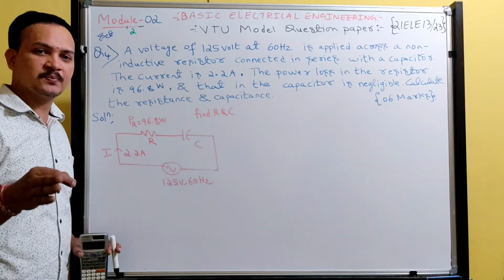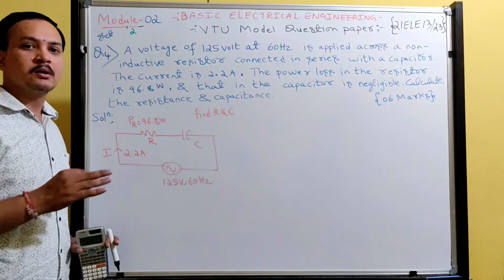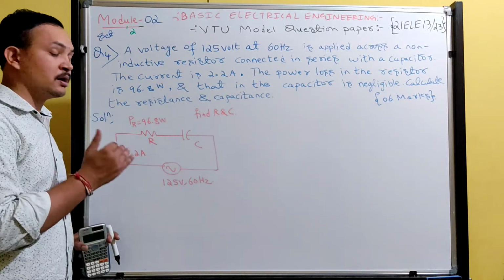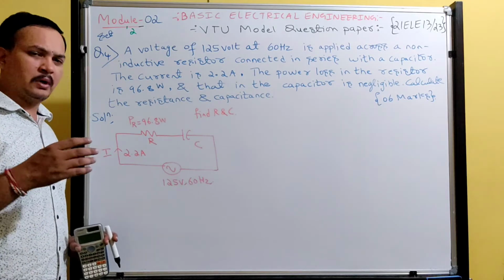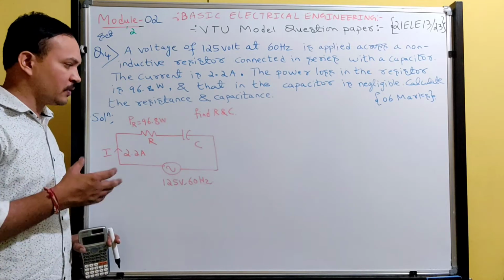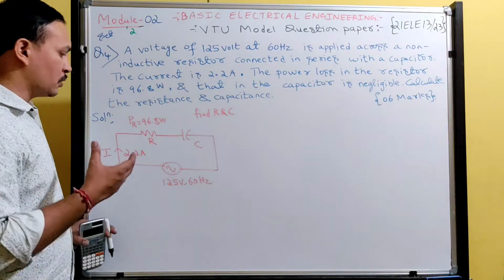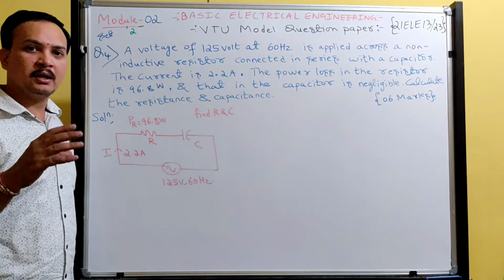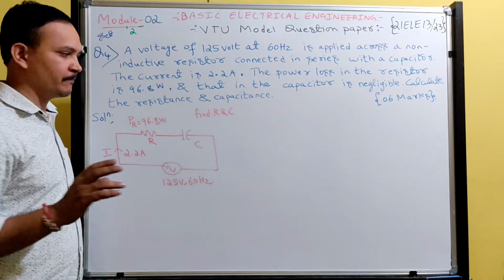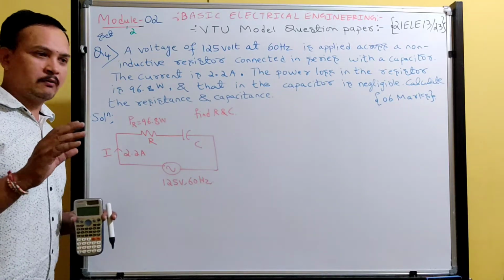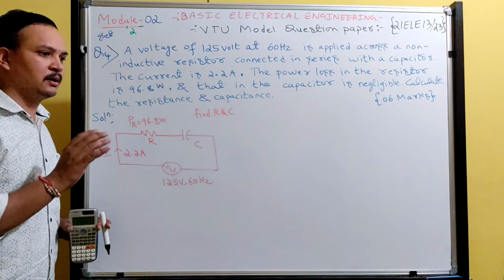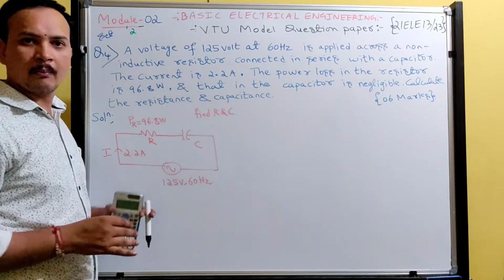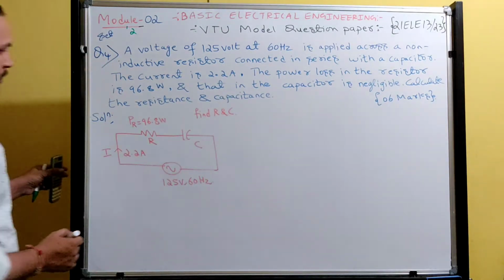If you understand the subject clearly, then only you can solve it. It is not a direct formula question. You have to think in depth about which formula to select and how to start the problem. It will be quite time-consuming. So there will be such questions in the real exam. That is the indication from the model paper. Okay guys, let's start.